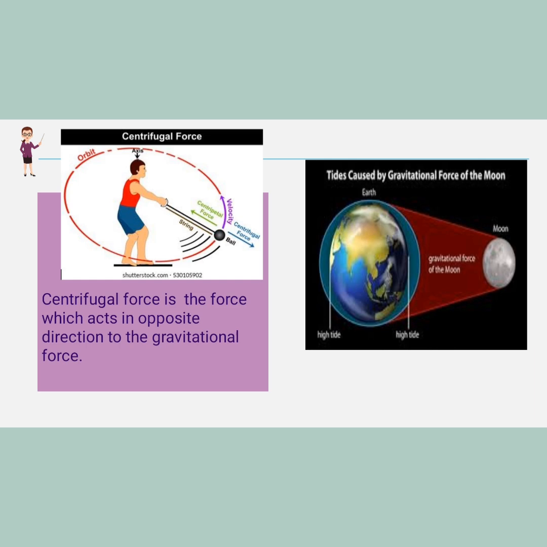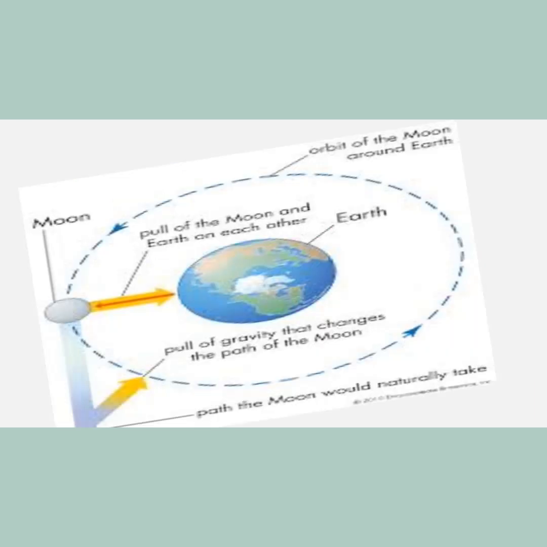And gravitational force is what? Let's have a look at it. Here you can see the image of the orbit of the moon, the pull of the moon on the earth on each side, the pull of the moon towards the gravity. It's pulling it downwards.